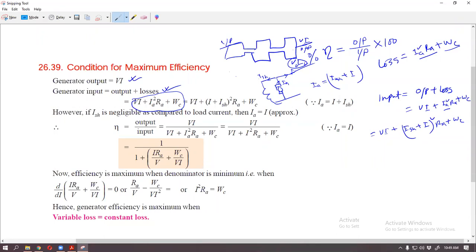Now, this is a very important fact. This is the ISS. You know that the maximum current flows through the armature part, and this resistance is very high. So high resistance means current is low.